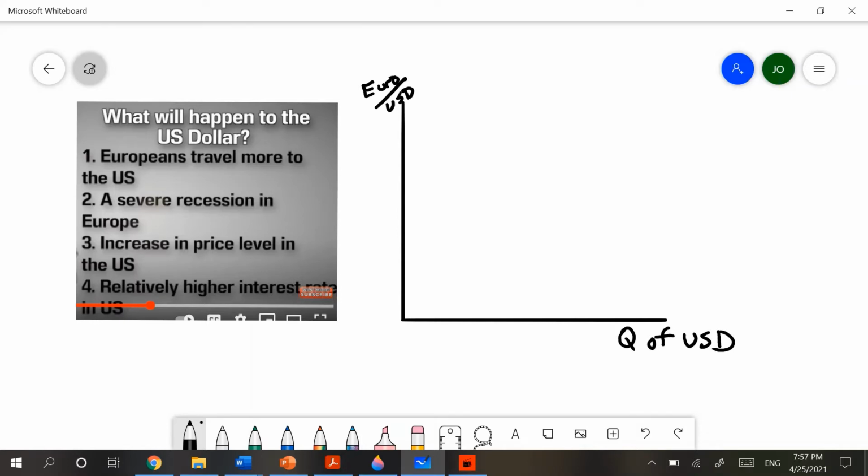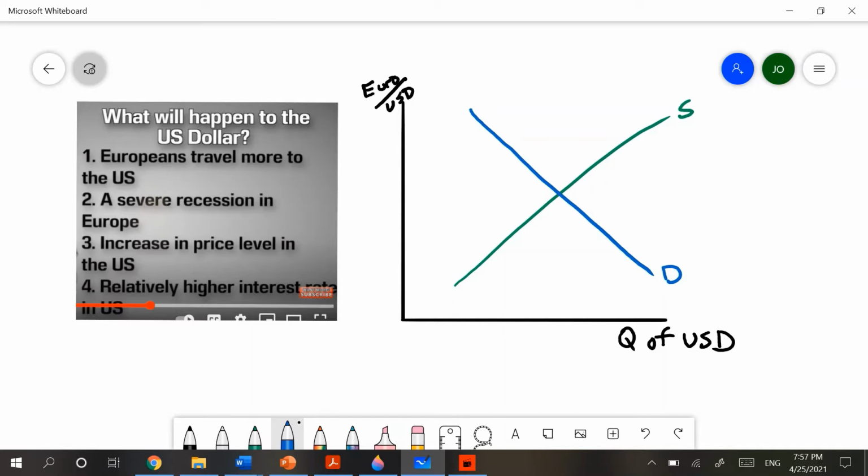And then my supply and demand are pretty straightforward. You have my supply, and you have your demand. It's not really important that we're super accurate with values. We're just going to see if the US dollar is going to appreciate or depreciate.